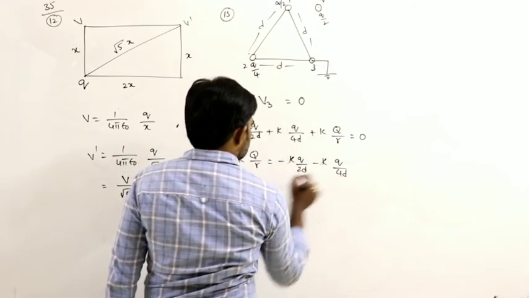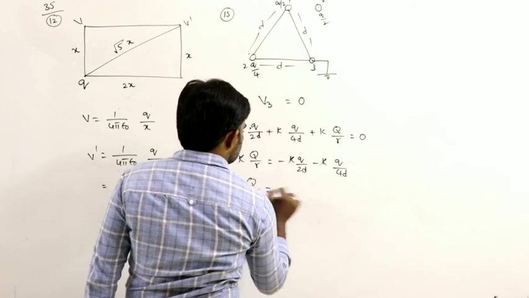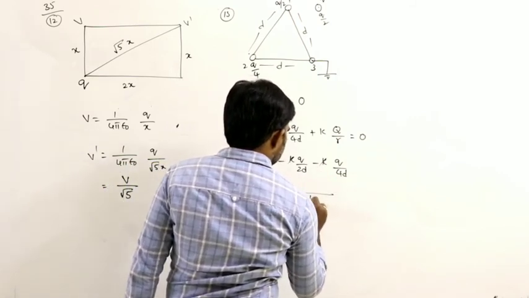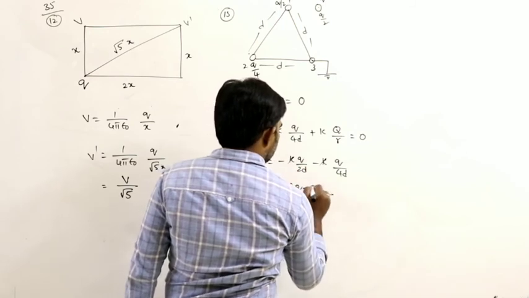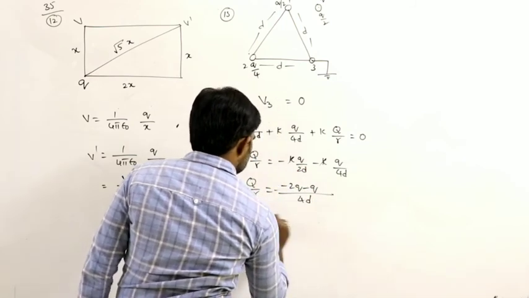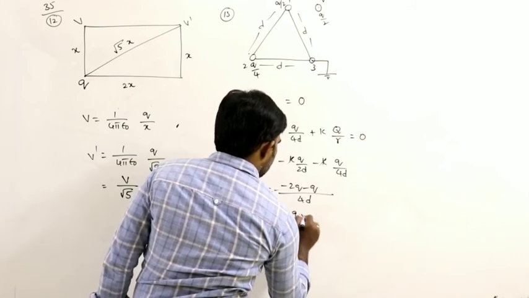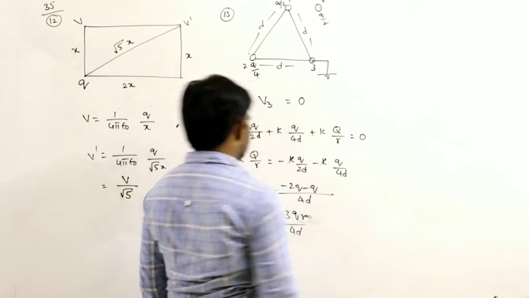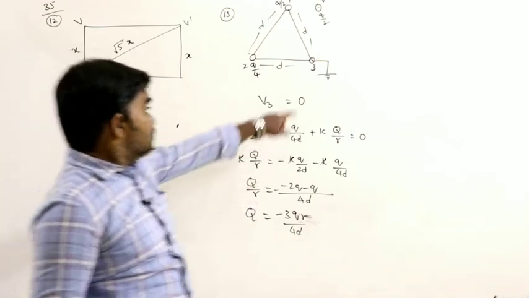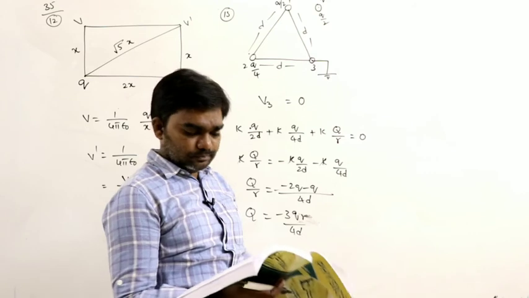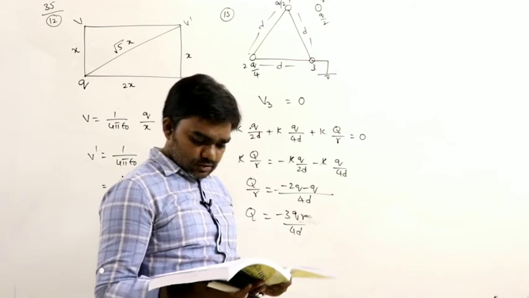K cancels on both sides. So q by r is equal to, 4d is the LCM, minus 2q minus q. So q is equal to minus 3qr by 4d. That is the charge. Third sphere is earthed, means potential of that sphere must be 0. That is the meaning of that.